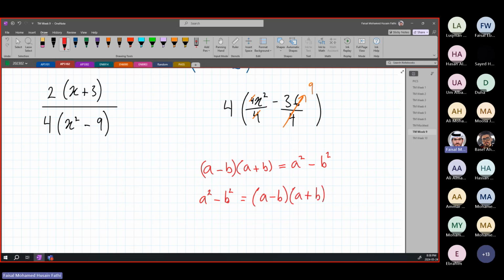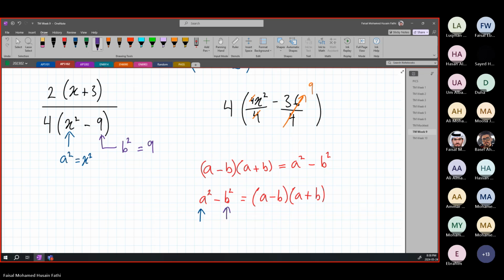It's the same meaning. Here, what is the a squared value we have? a squared is equal to x squared. We have a minus in the middle, and then our b value, where b squared is equal to 9.